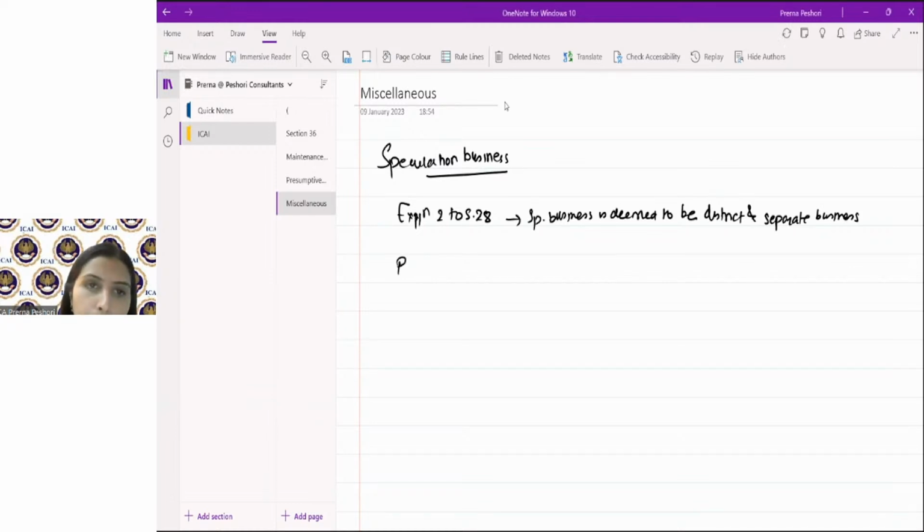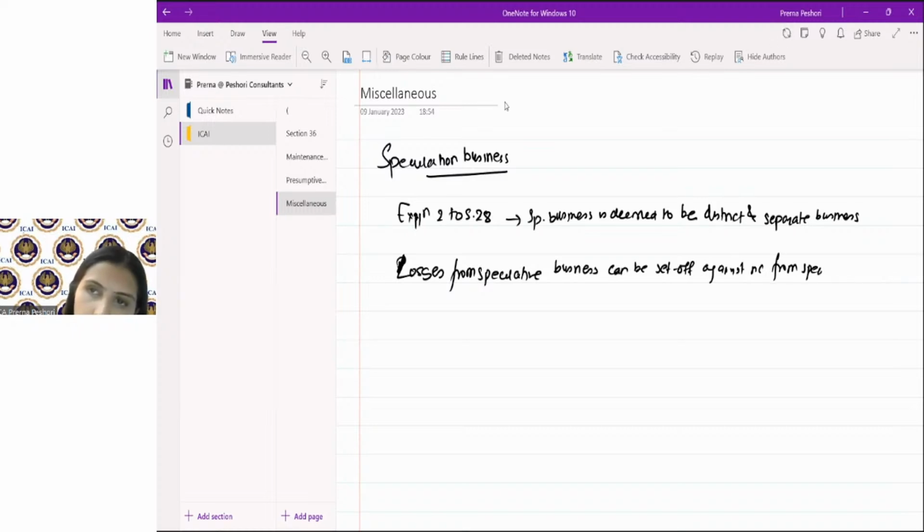So, losses from speculative business can be set off against income from speculative business. Section 73. Now, what do we mean by the speculative business?